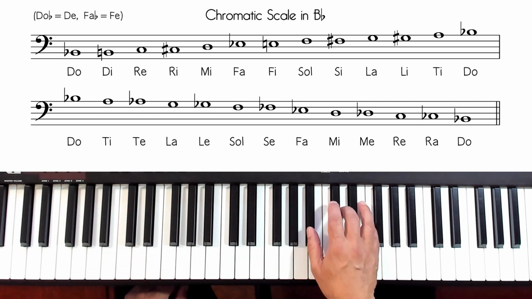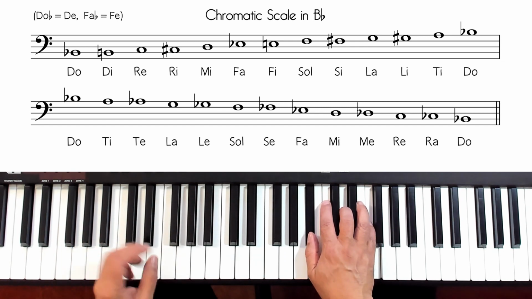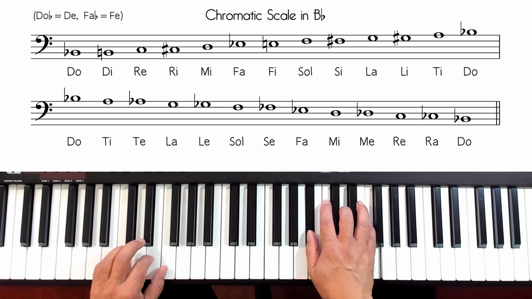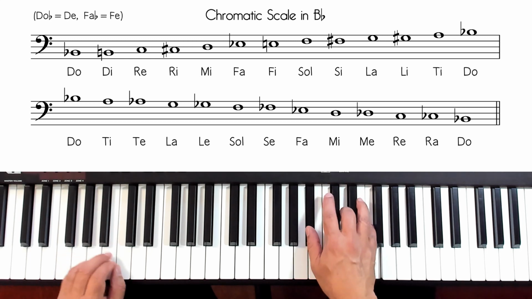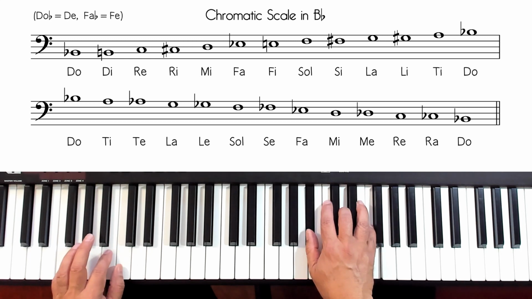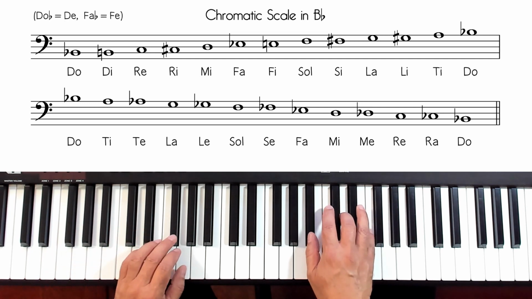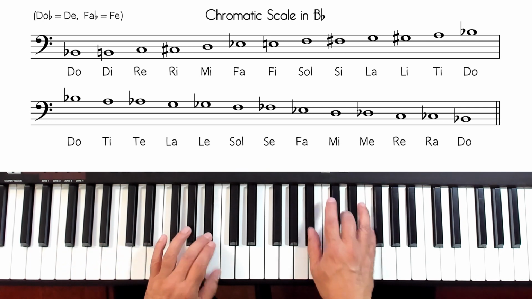Okay, very good. So now we're gonna take it to another level. Same, we're gonna play a triad, and we're gonna let it ring just to establish the key center. And we're gonna touch the keys, but we're not gonna play them. We're gonna sing the notes. Here we go. Do, di, re, mi, fa, fi, sol, si, la, li, ti, do.